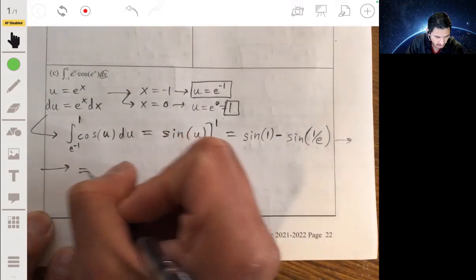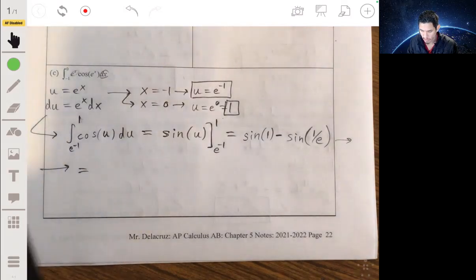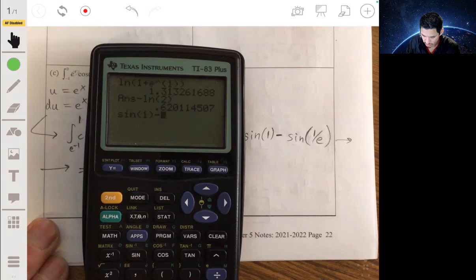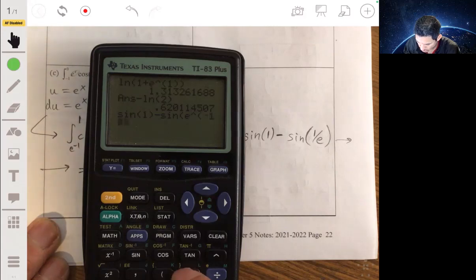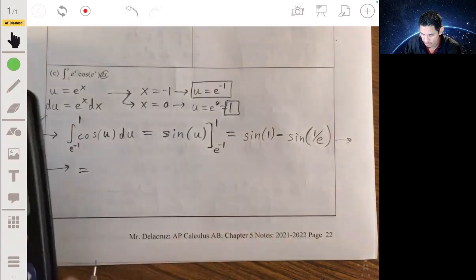Now let's see what we get. Sine of 1 minus sine of e to the -1. I'm going to get 0.4818.